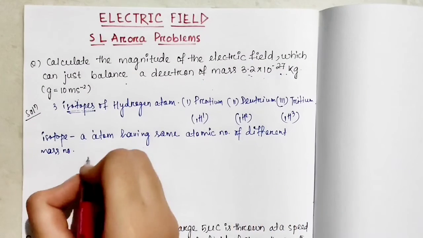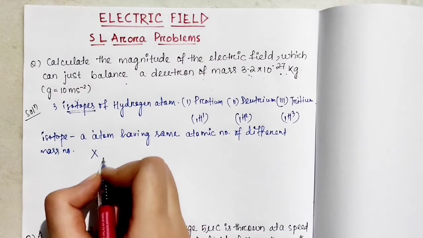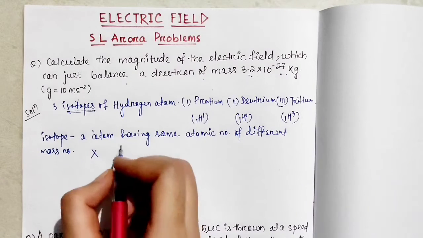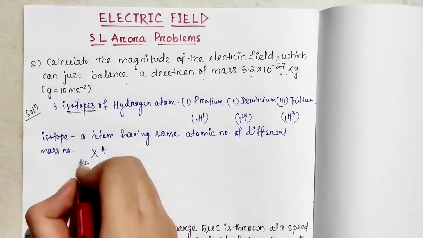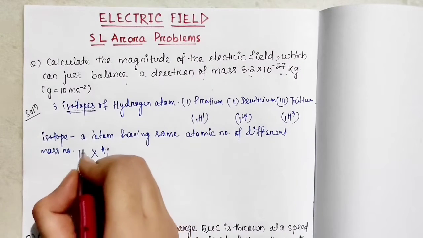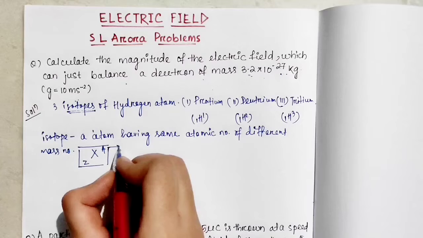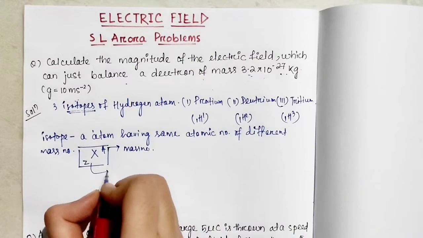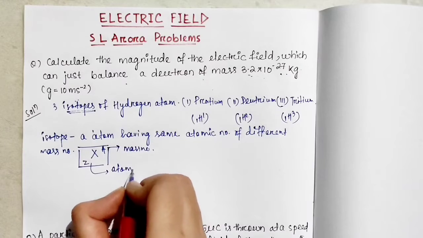If this is an atom, we can symbolize it as A and Z like this: this is your mass number, and this is your atomic number.